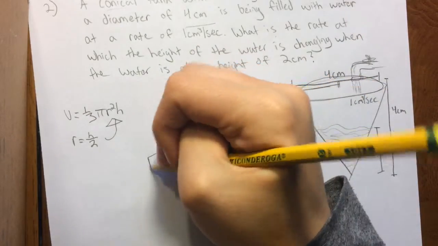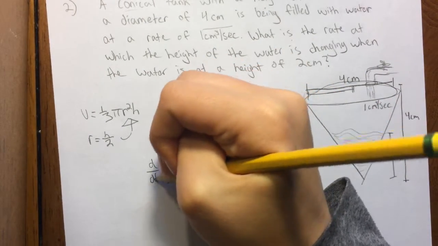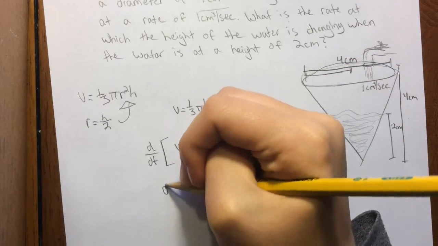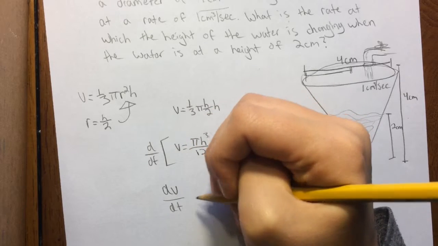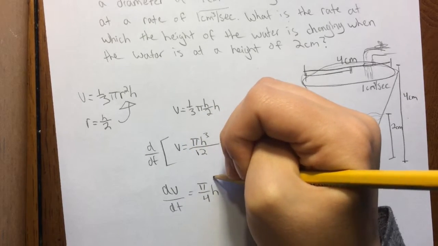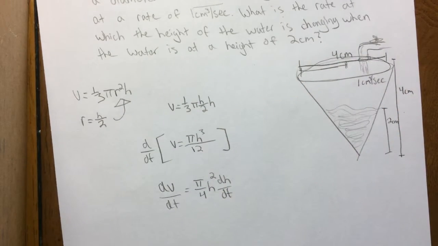Then we take the derivative of this with respect to time, because again the variables depend on time. Using implicit differentiation, we get the derivative of the volume with respect to time equals pi fourths h squared times the derivative of h with respect to time.